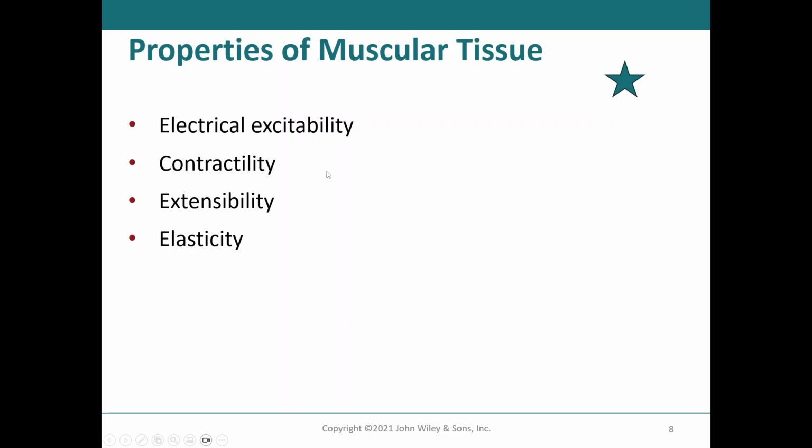That leads to the contractibility, or contraction, or bringing both ends of the muscle together so that it can produce movement. It's also extensible, so that means it can get stretched out. And then elasticity, that it comes back to its normal shape when you stretch it out.